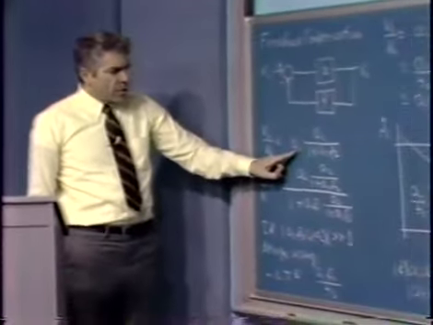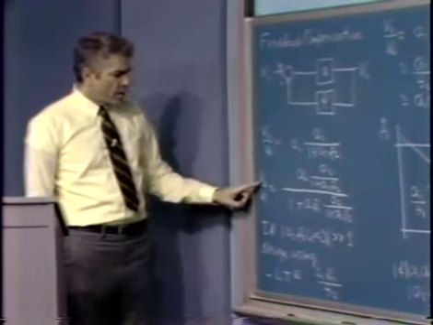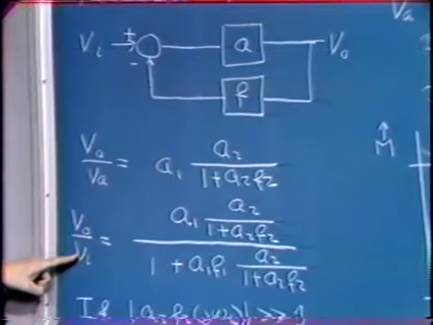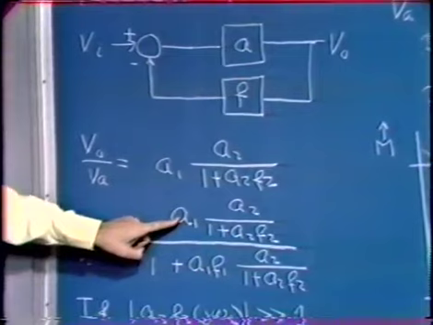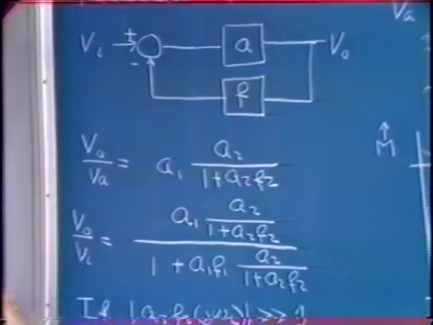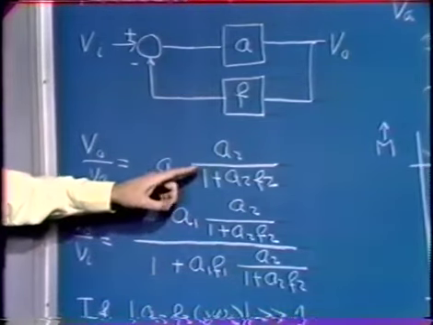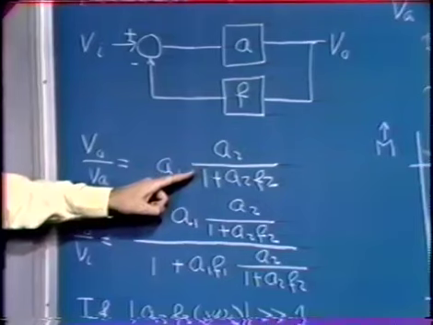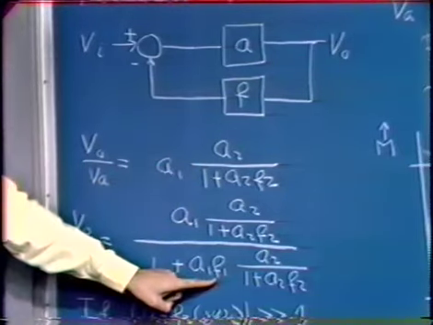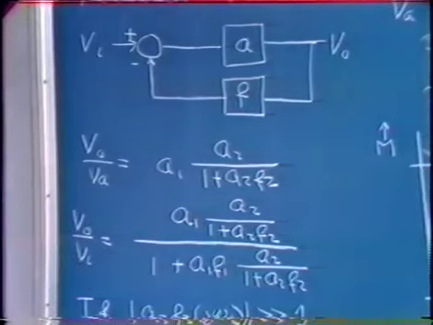Using that value for the forward path of our major loop system, we can write the overall output to input transfer function for the system, and in particular, it's our forward path, the expression here, divided by 1 minus the loop transmission of the major loop. The loop transmission of the major loop is simply minus, or the negative of, this expression times F1. Consequently, we get the input to output transfer function for the overall system as shown.